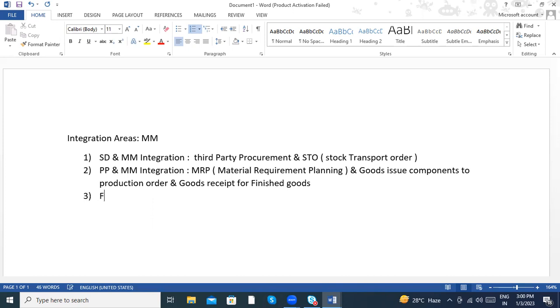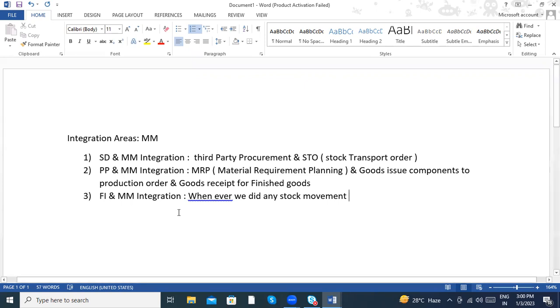Then next, FI integration. FI integration is nothing but whenever we do any stock movement like goods receipt, goods issue, transfer postings, stock transfer, vendor returns.